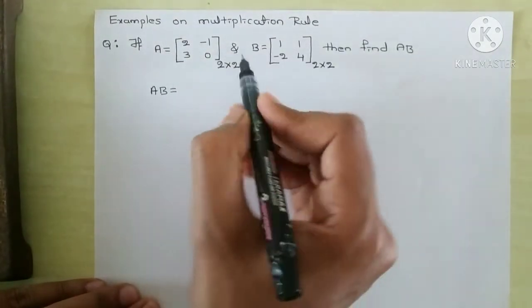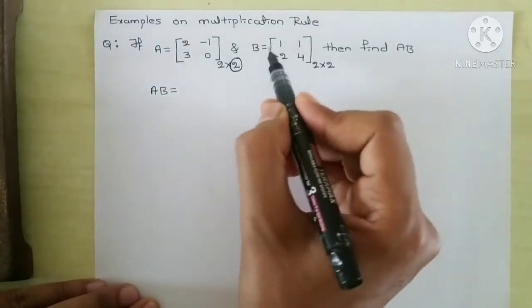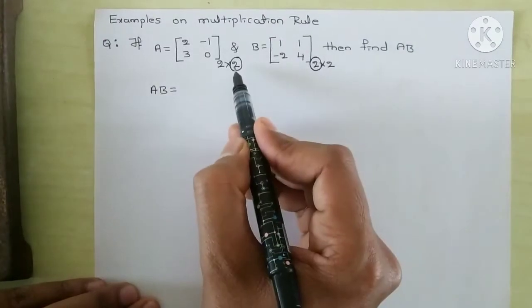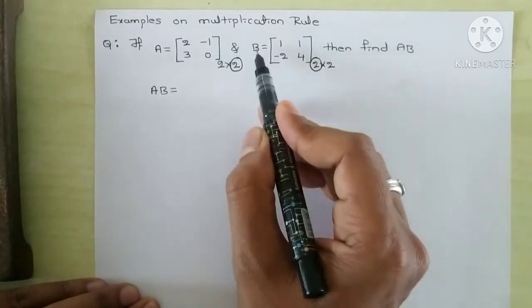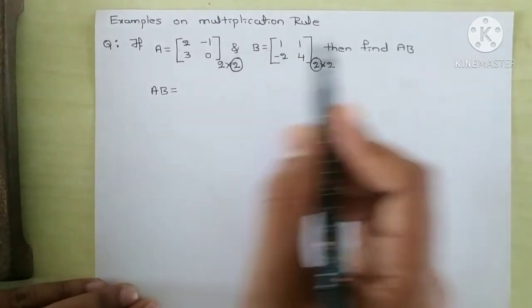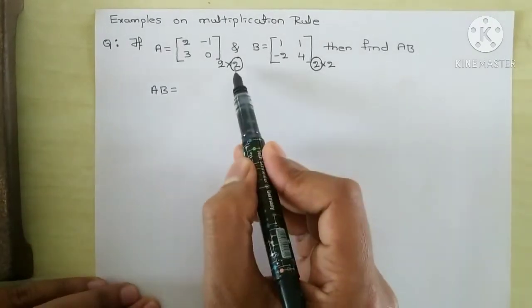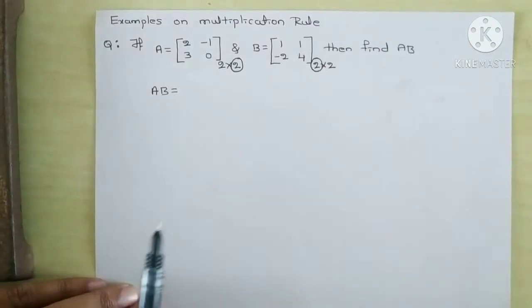In the first matrix, check the number of columns, and in the second matrix, check the number of rows. If the number of columns in the first matrix is equal to the number of rows in the second matrix, then only matrix multiplication is possible. Here 2 is equal to 2, so you can find A into B.